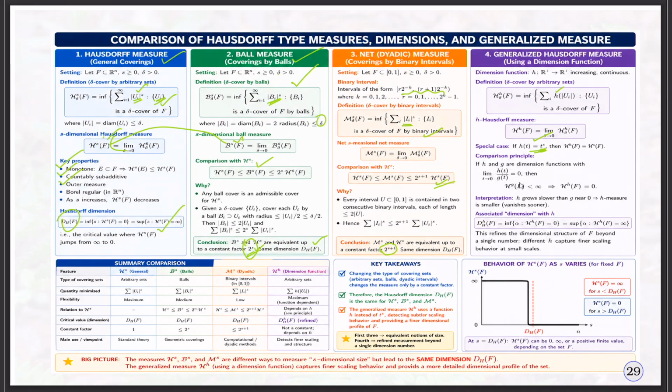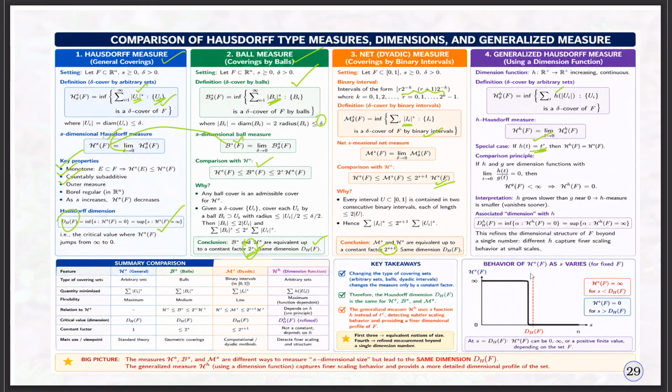There is an intermediate point, that means h grows slower than g near 0, then the h measure is smaller, vanishing sooner. So the associated dimension is the minimum of alpha such that H^alpha of F equals 0, and the supremum of alpha it is 0. This refines the dimension structure of F beyond a single number. Different h capture finer scaling behavior at small scale.